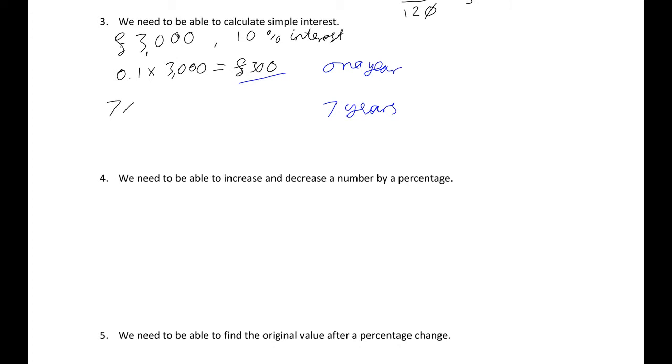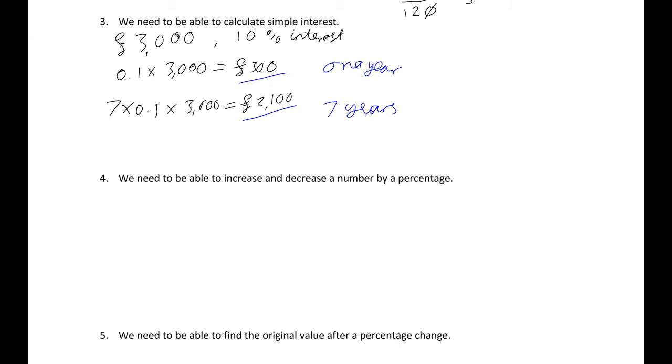So we do 7 times 0.1, or you could have written 0.7, and we times that by 3,000. And that makes 2,100. And that is how much we make after 7 years.